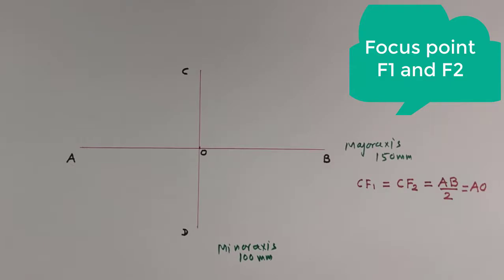If you go for D, DF1 is equal to DF2, is equal to 1 of major axis AO.